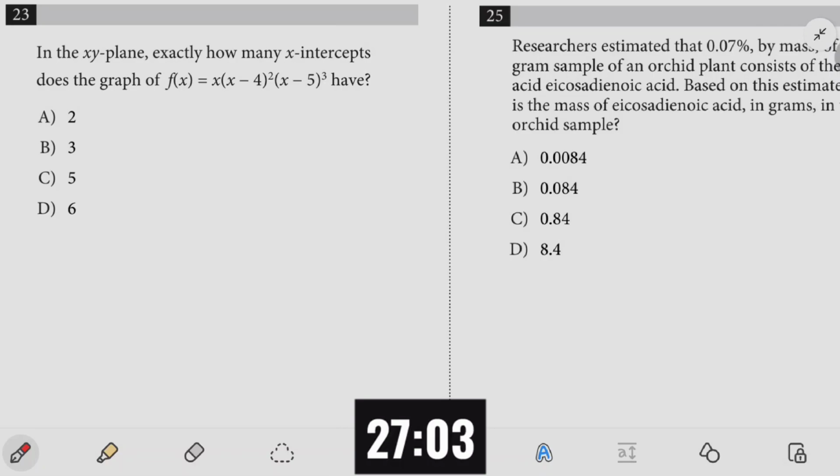Yo, I could graph this. That's the crazy part. You click y equals and you can just graph it. How many x-intercepts does this have? I would say 3, based on my first thought, but we could check it quickly. Zoom.